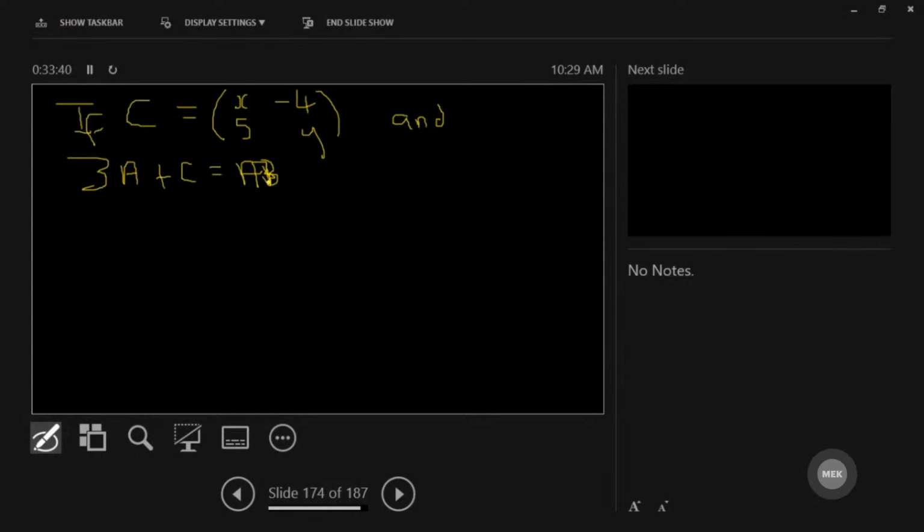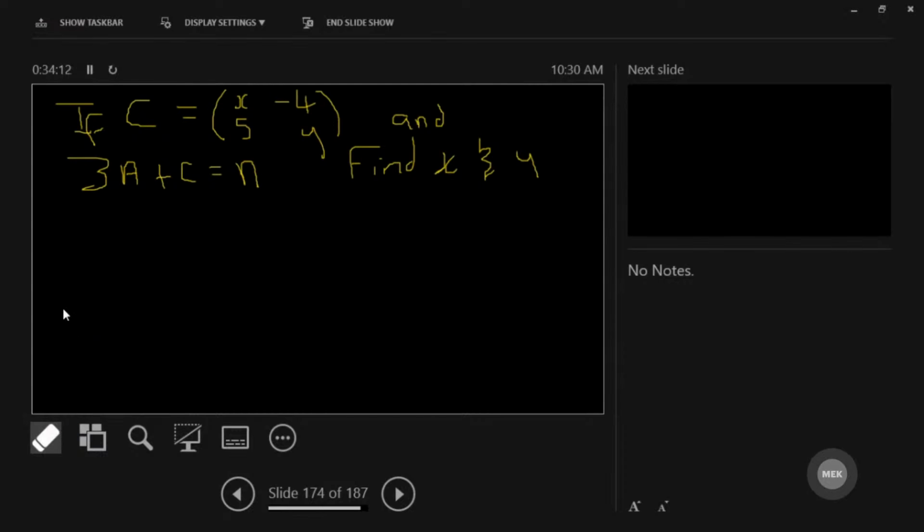We just found the product, so we're going to put that answer here and work this out, and they want us to find x and y, the variables. Remember, this is how algebra comes into it, right? We have variables to find. So we already worked out AB, so it's just a matter of plugging in that answer here.